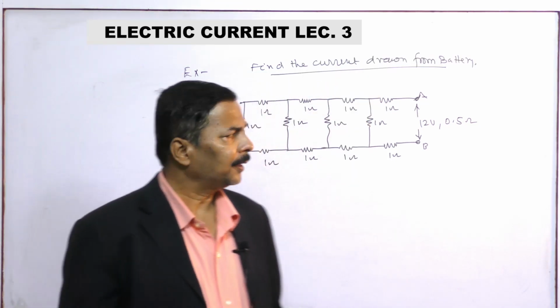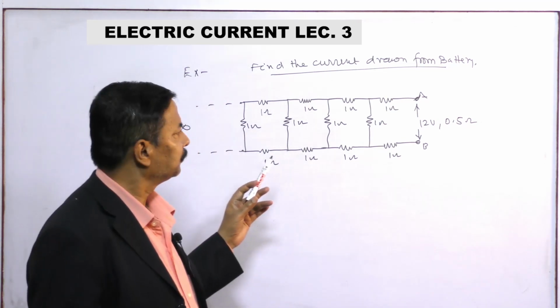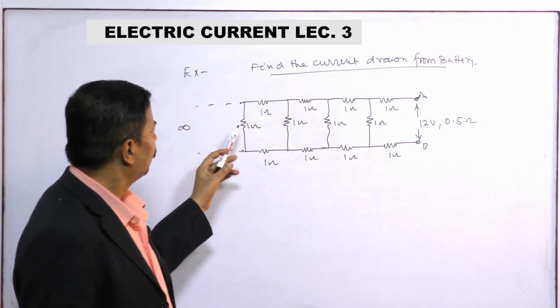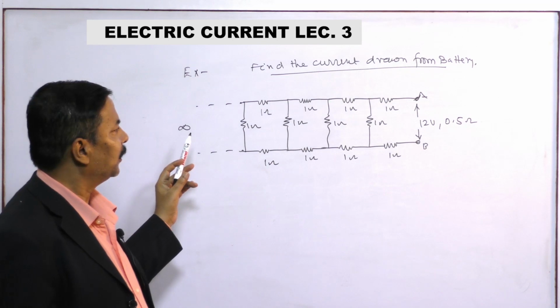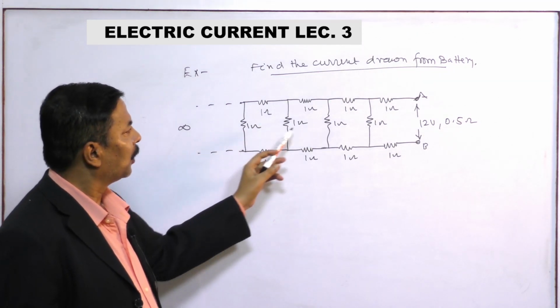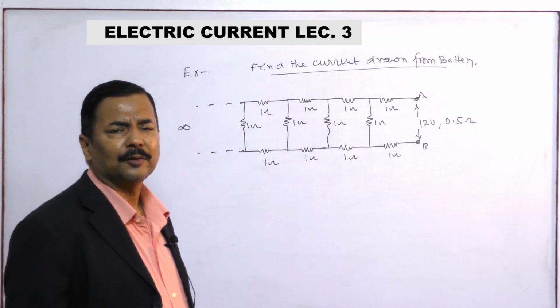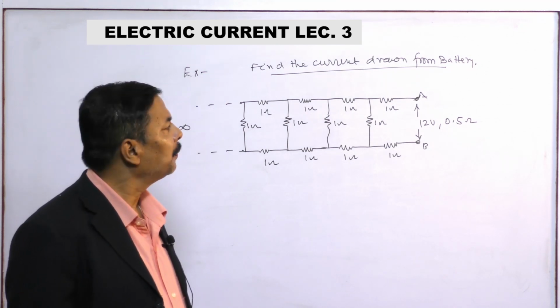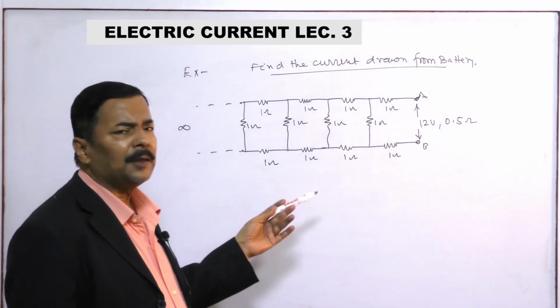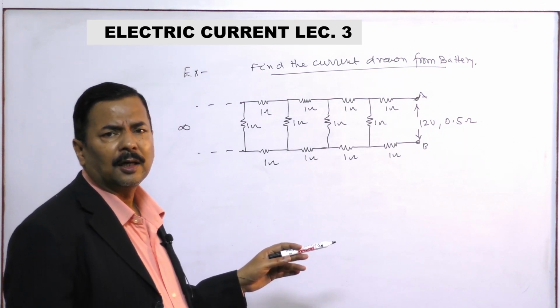Now here there is an infinite ladder. See, this goes to infinity. 1 ohm, 1 ohm, 1 ohm, 1 ohm. Now this is based on a math concept that you have solved in your junior classes also, that infinity plus 1 is also infinity.